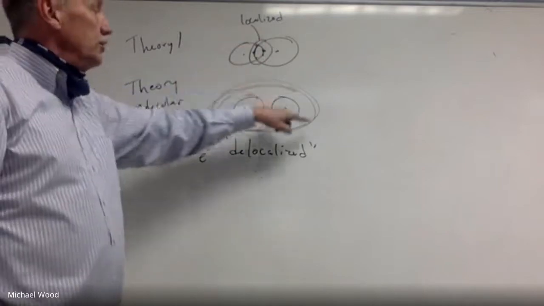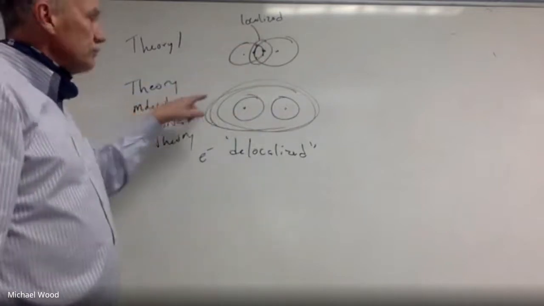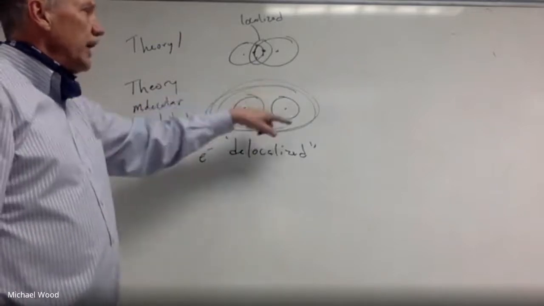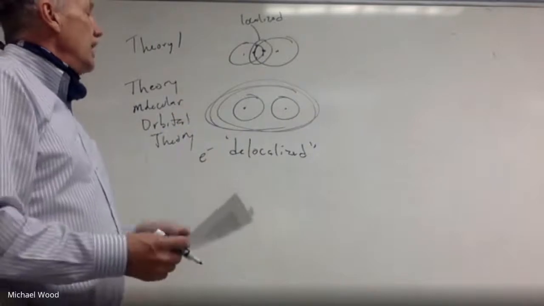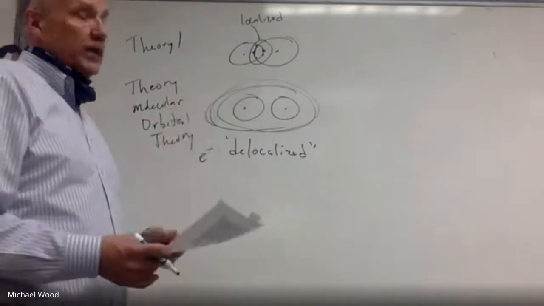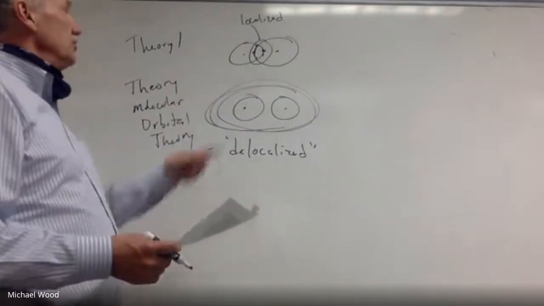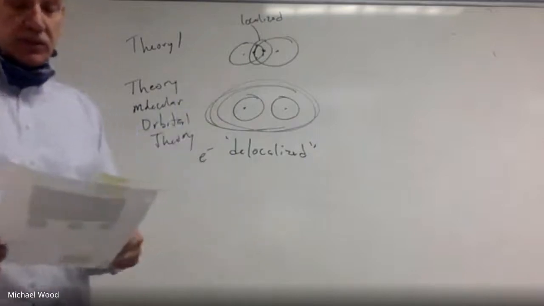This molecular orbital model says the electrons are not in a specific location. And again, this model in some forms of bonding does a little bit better explanation. I think the model we're using just makes sense.